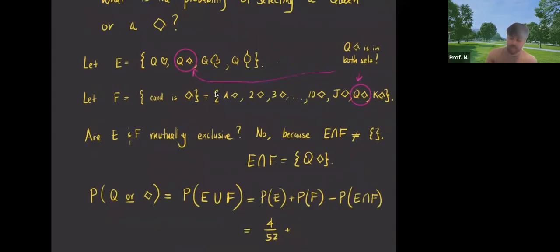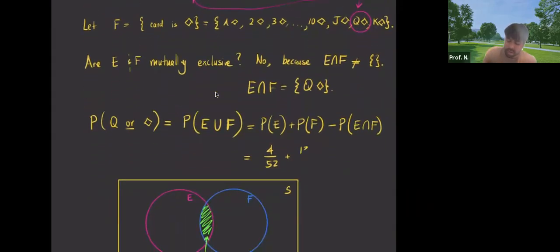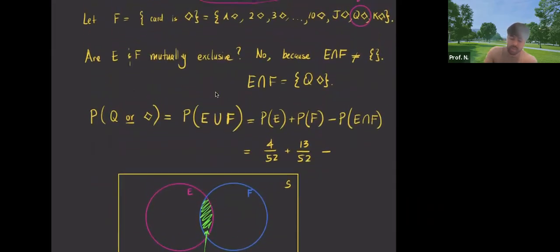Well, there's 13 diamonds in a set of 52 cards. So we add 13 over 52. But then I have to subtract that overcounted event. The overcounted event is this one. I count this one twice in adding these two probabilities. So I have to subtract one out of the 52.